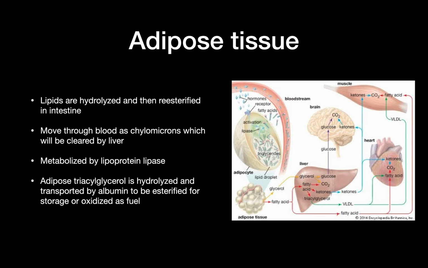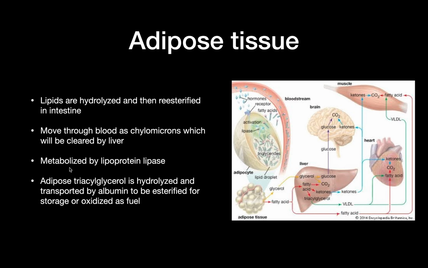The adipose tissues are your fat tissues, and this is where the lipids are hydrolyzed, and then they are re-esterified in the intestines. So from there, it moves through the blood as chylomicrons, which will be cleared by the liver. So chylomicrons are just tiny globules of lipids.